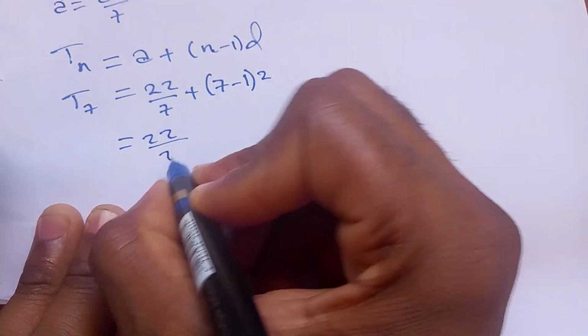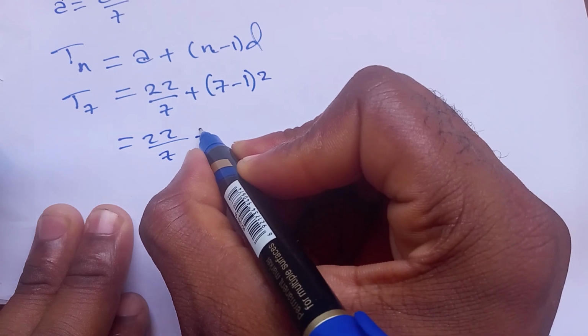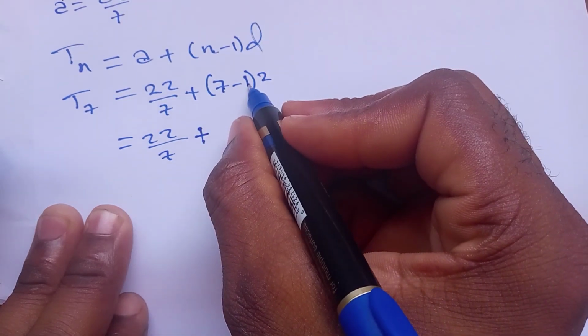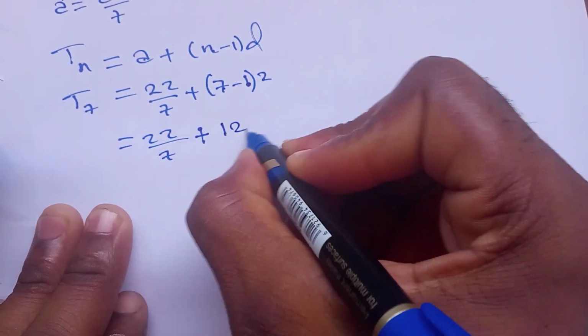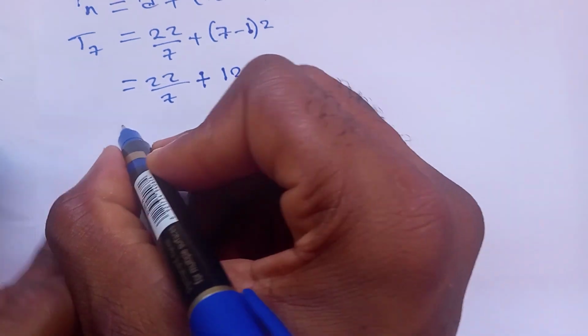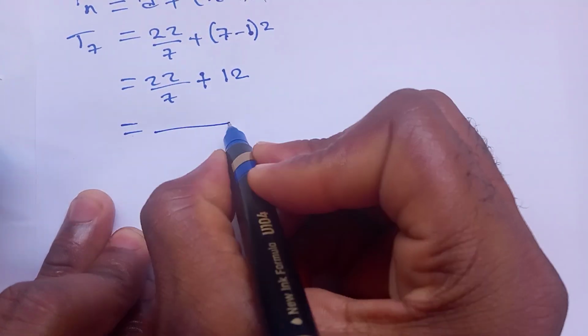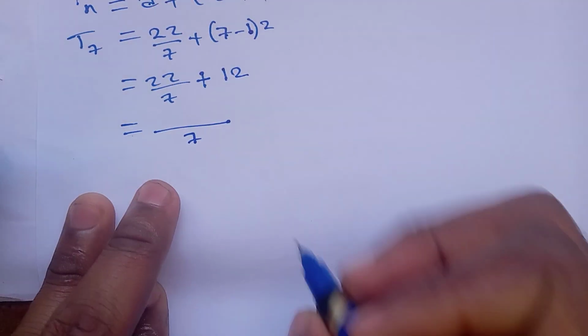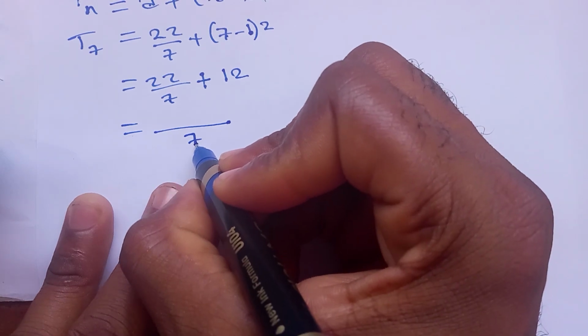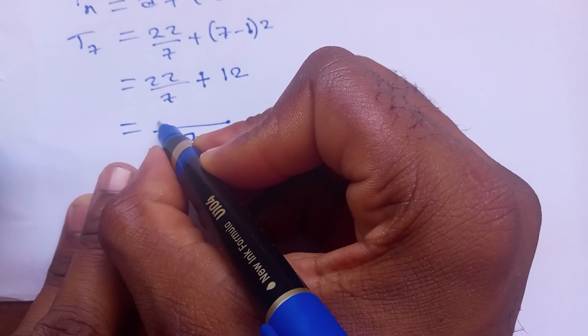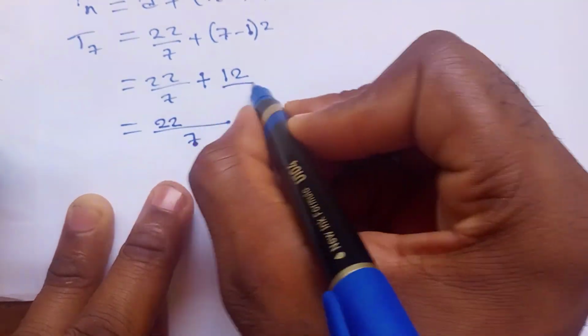So we have 22 over 7 plus 6 times 2, this will be 12. And then you can find the common denominator, which is 7. 7 into 7 is 1, multiplied by 22, this will be 22.